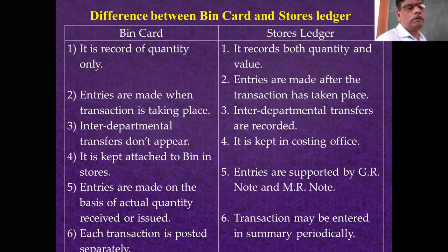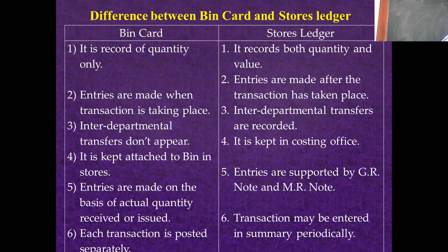And the third point is that interdepartmental transactions do not appear in the bin card. For example, X department received material from the store, and that is excess. Instead of returning that to the store, it is transferred to some other department.